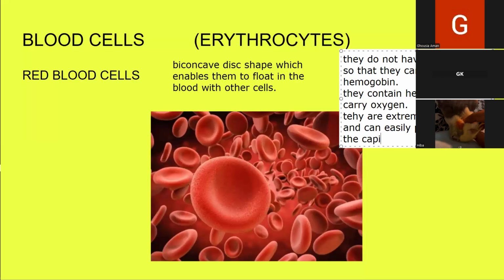Capillaries are the branches of arteries and veins which are as thin as a single strand of hair. And red blood cells are so small that they can even pass through those capillaries. So these are some of the special adaptations of erythrocytes. What are erythrocytes? Red blood cells.